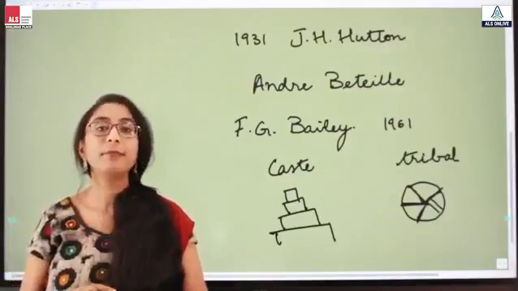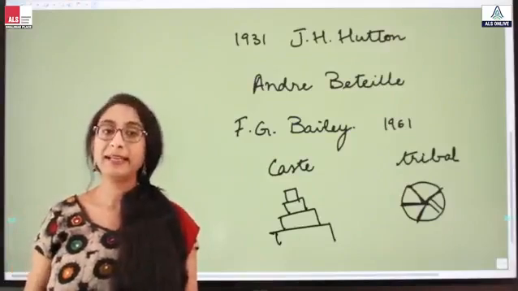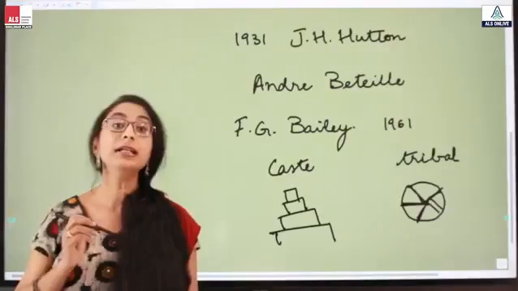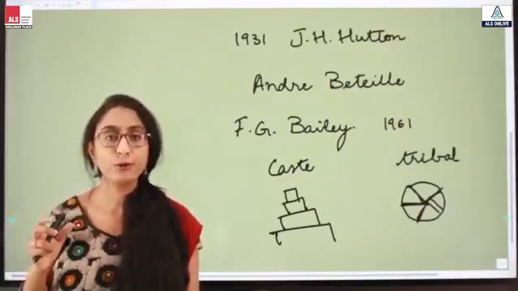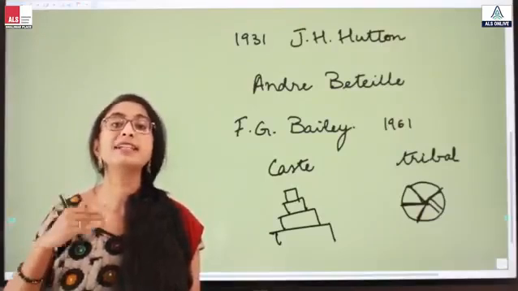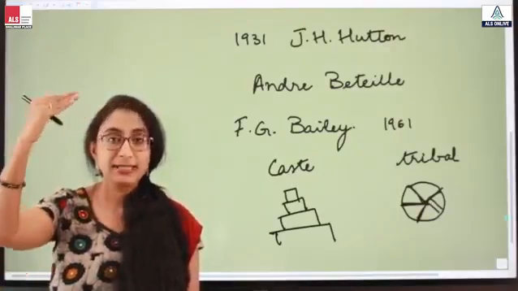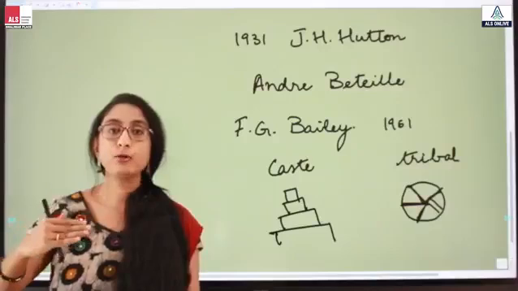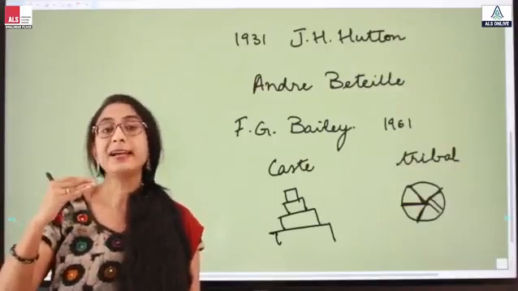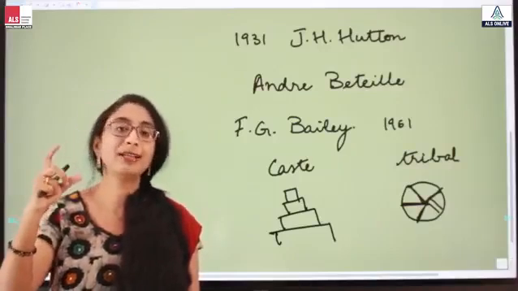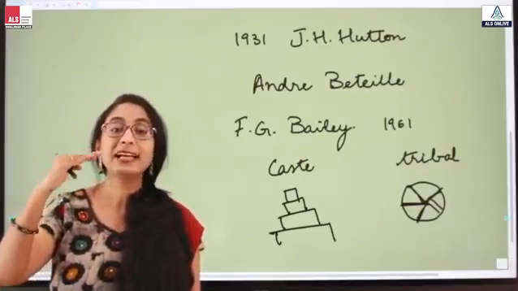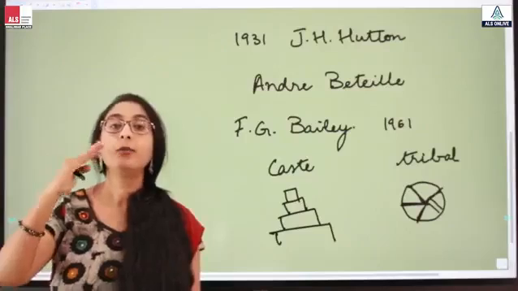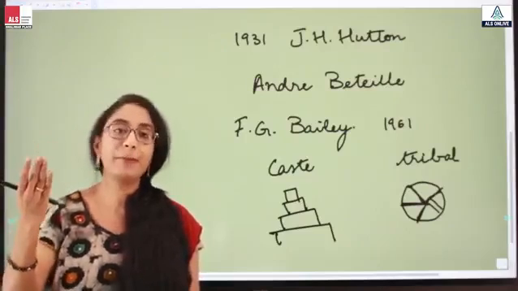This is what we mean by segmented and egalitarian, whereas that is not the case with a caste group. In a caste group, we have divided people into different groups, and these groups are placed in different positions. Some are placed on a higher pedestal, some on a lower pedestal, and again, there is no fixed ranking among them either. It depends on which caste it is being compared with.